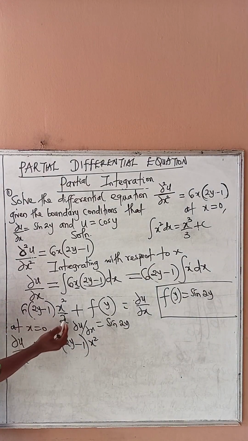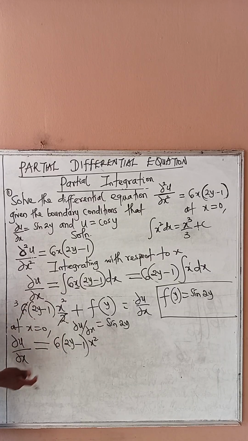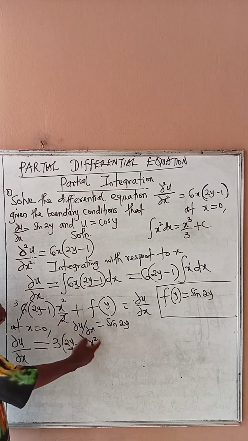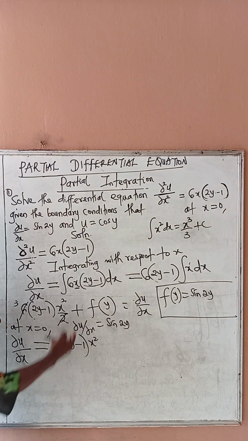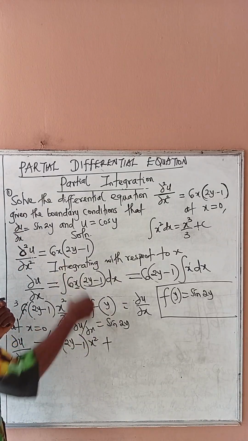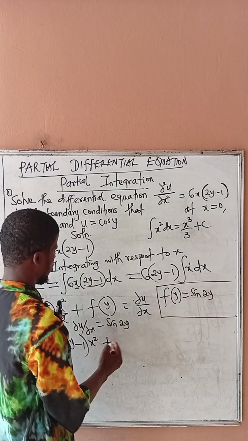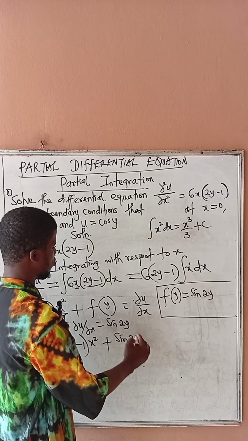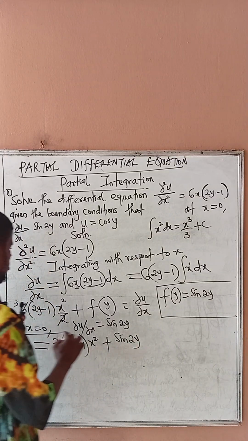But check, 2 can divide 6 to give me 3. So I can write 3 here. Right? That will be 3x squared into 2y minus 1 plus, what's f of y? From our calculation, f of y is sine 2y. So we have sine 2y. Alright, let's keep this.